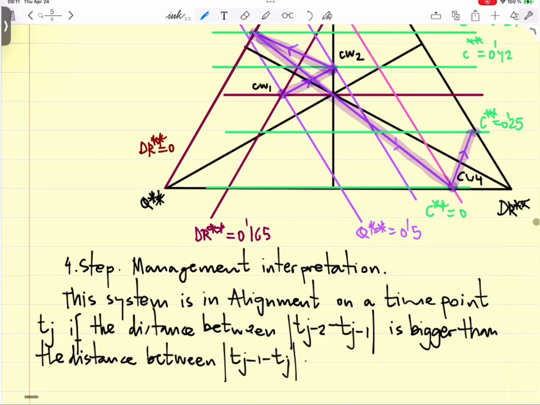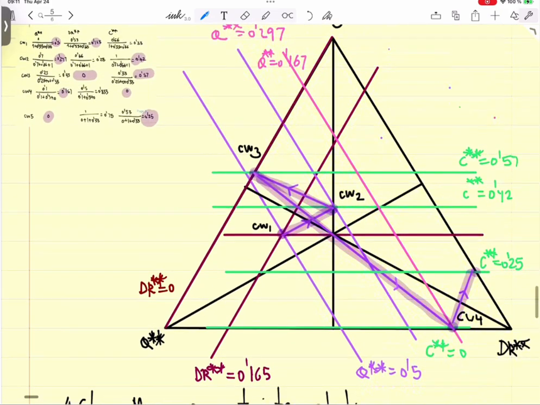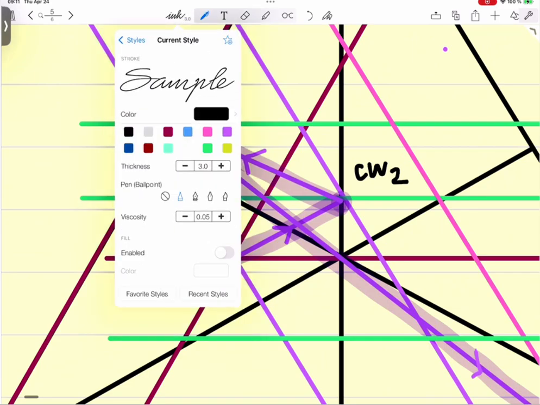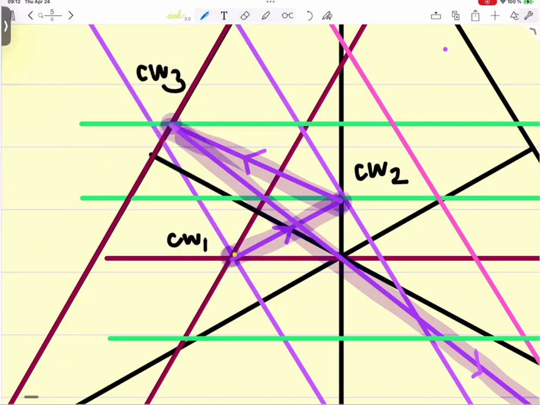This means, this is math, okay? This means if the distances are getting smaller, if this distance is bigger than this distance, then we have alignment. If the distances are getting bigger, we don't have alignment.